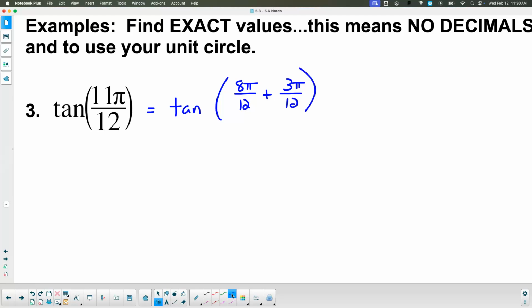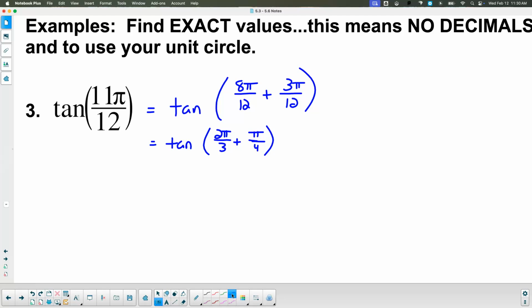Now, this by no means is the only pair that works. 8 pi over 12 plus 3 pi over 12. So this is the tangent of 2 pi over 3 plus the tangent of pi over 4.